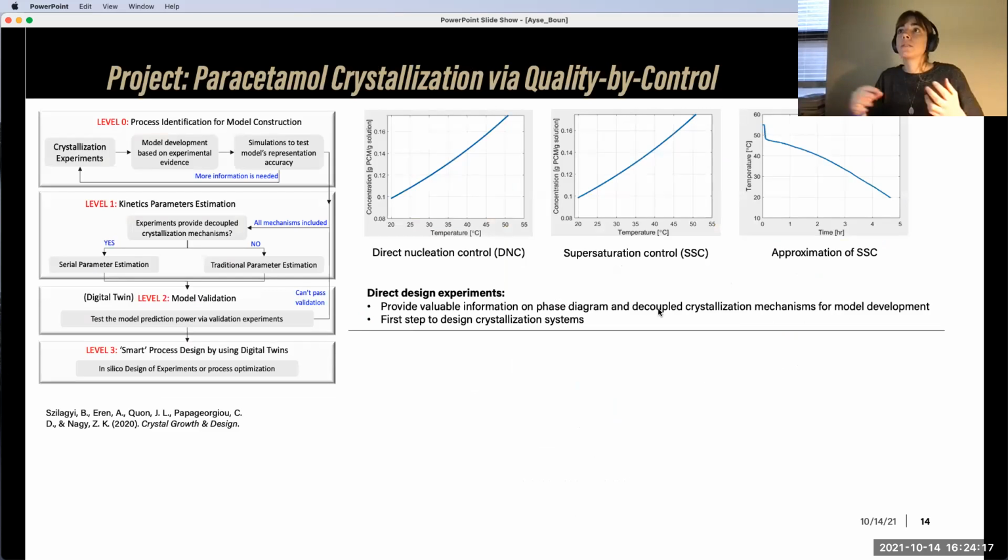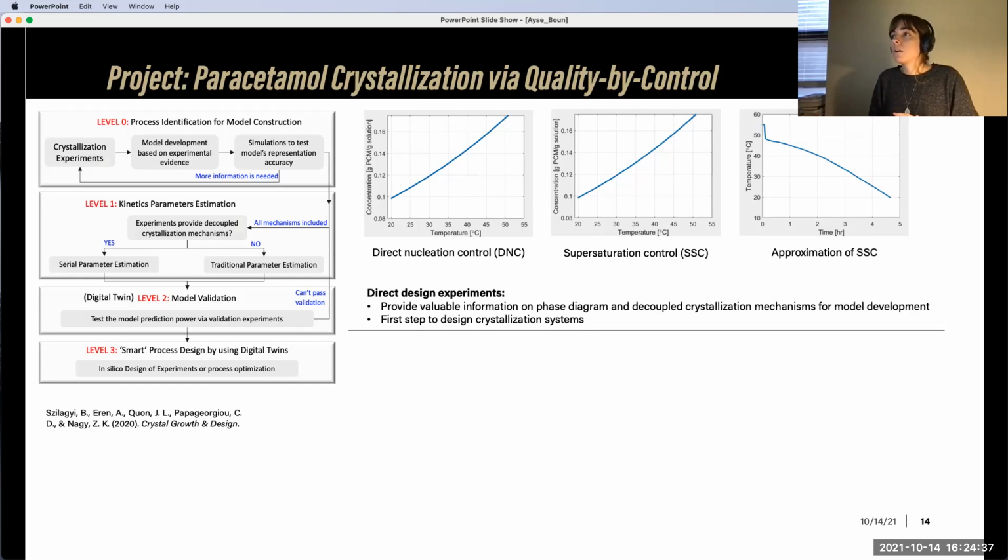Okay, now hopefully I could set it up for you, the experimental setup and everything and the mathematical modeling. Now I will show you some examples from my research where we actually follow these steps to do digital twin development and process optimization.